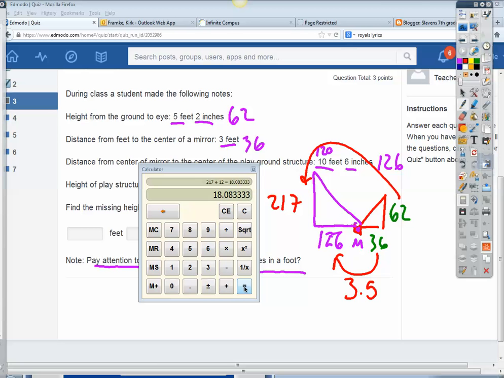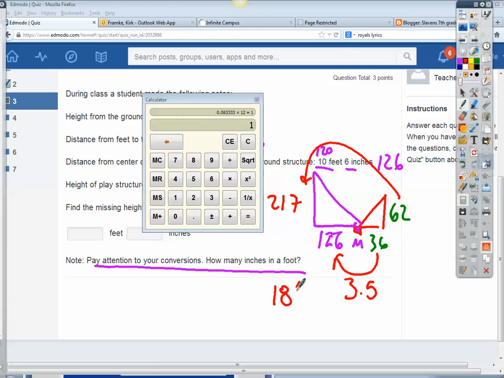So I get 18 feet, and I need to convert the 0.083 into inches, so I'm going to subtract out my 18, and I'm going to multiply this by 12, because there are 12 inches in a foot, and I get 1. So the answer is 18 feet, 1 inch. So I'm going to put that in the answer blank.